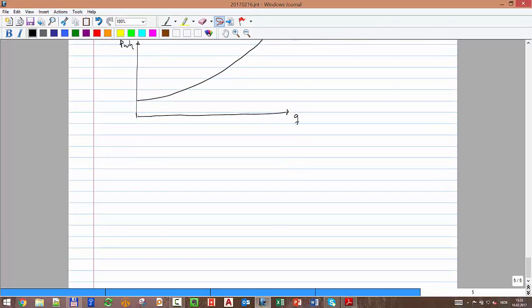So I say the only feasible operating rate is the intersection of both curves.